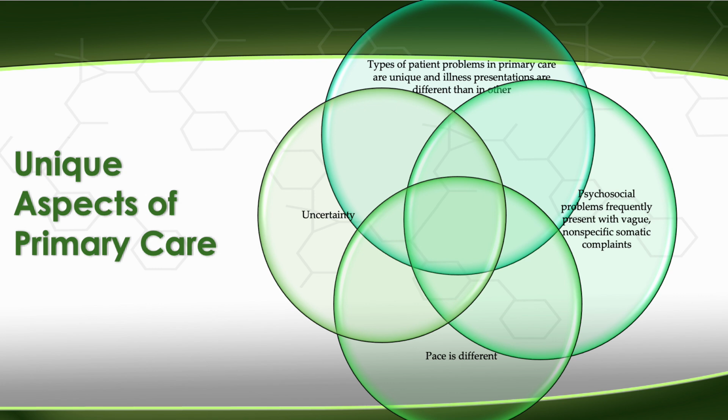And you're required to be able to access resources that will provide you the ability to provide the best care to your patients in a comprehensive manner. So the dynamics and the uniqueness of primary care, which is so fascinating, and it is fulfilling to see patients in the primary care setting, you do have to consider that there are multiple levels to seeing patients in the primary care setting that differs from the inpatient setting.